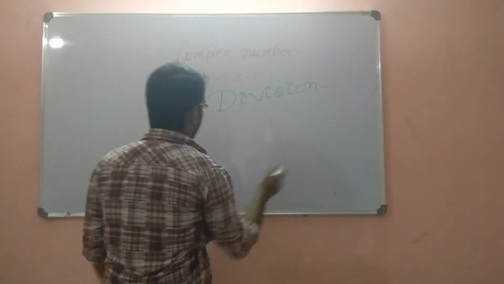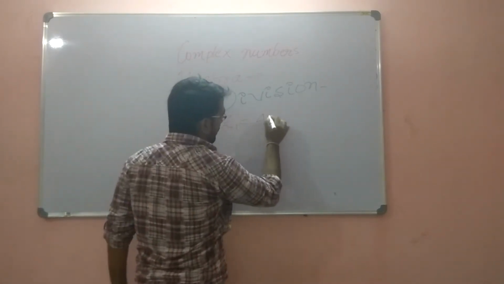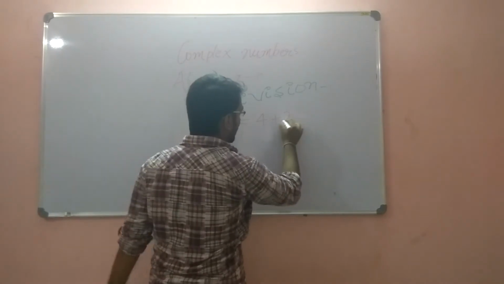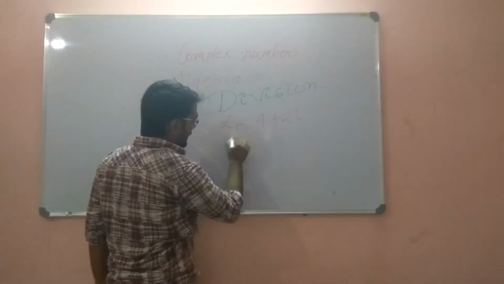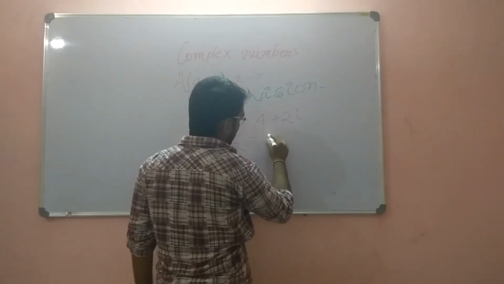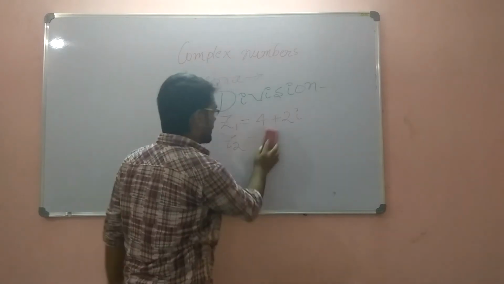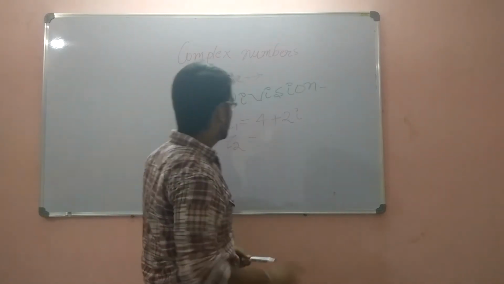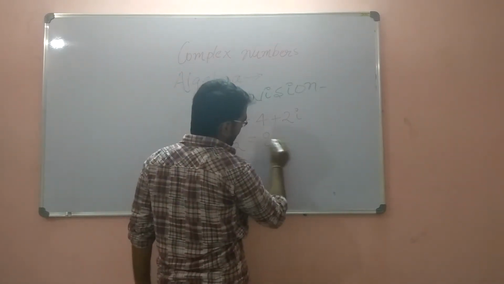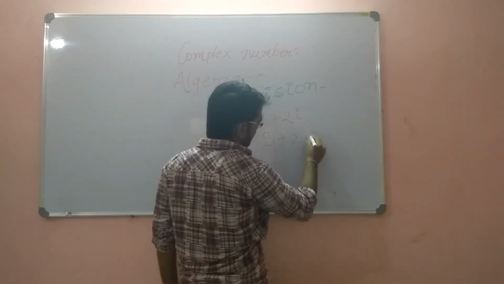So suppose we have a first complex number z1 equals 4 plus 2 iota, and the other complex number equals 5 plus, not 5, that would give us some complex calculation. So take 8 plus 2 iota.